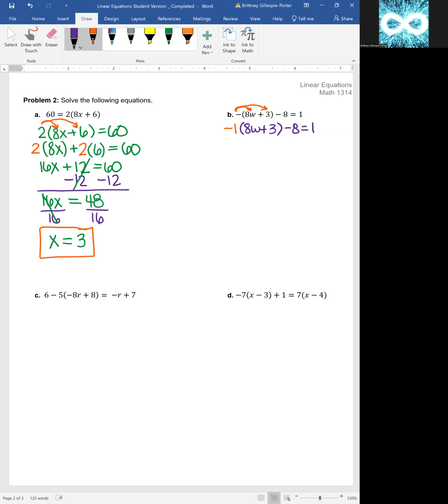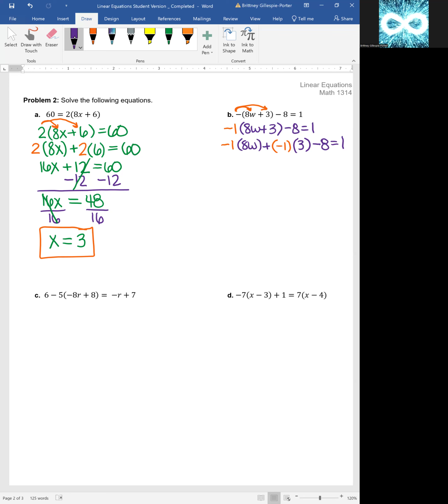So if we distribute a -1, we're going to have -1 times our 8w plus -1 times our 3. That -8 was not in the parentheses, so I'm not going to multiply it by -1.